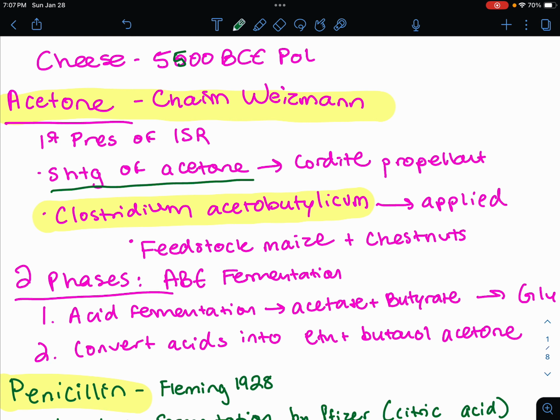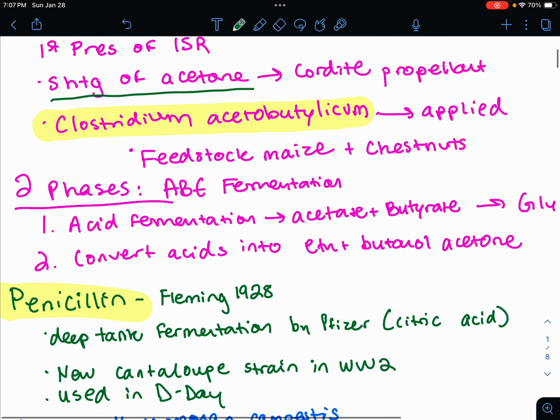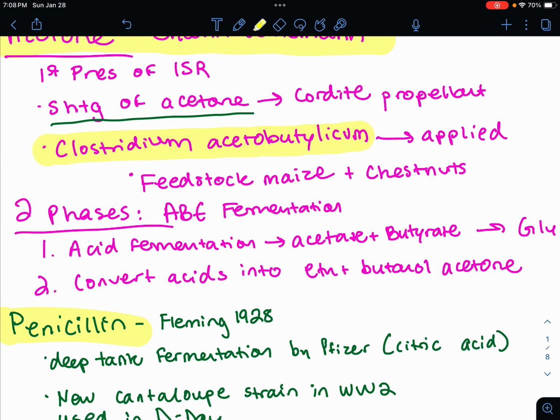So therefore, they wanted to use Clostridium acetobutylicum. This organism here is a Clostridium species, and they're going to use a feedstock of maize and chestnuts in order to grow these organisms, and then we're going to harvest the acetone for the cordite in World War I. Again, that's World War I in Britain, not World War II.